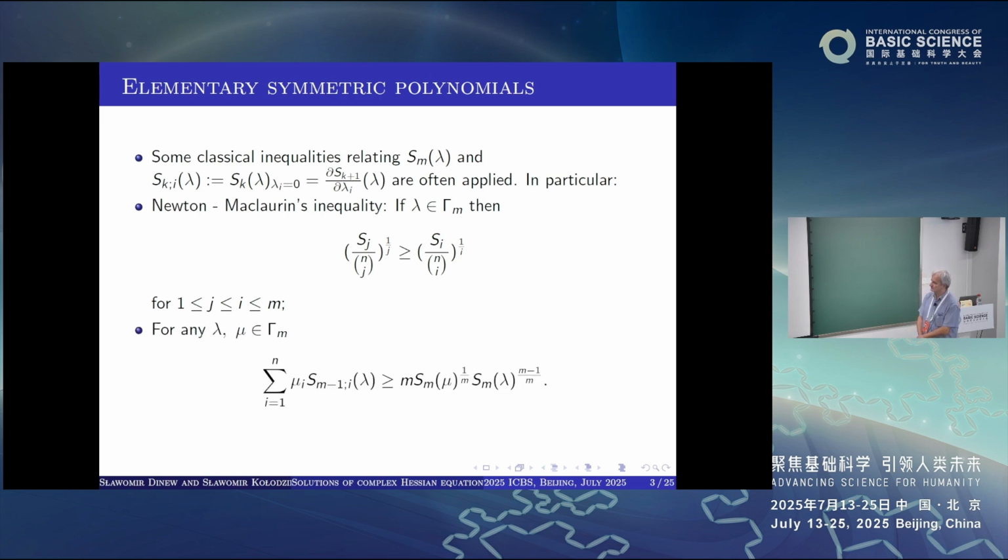And the next one, usually called Gårding inequality: we take lambda and mu from this positive cone, and we have this inequality there. Here we replace lambda_i by 0, and here we have just symmetric polynomials of degree m for mu and lambda.